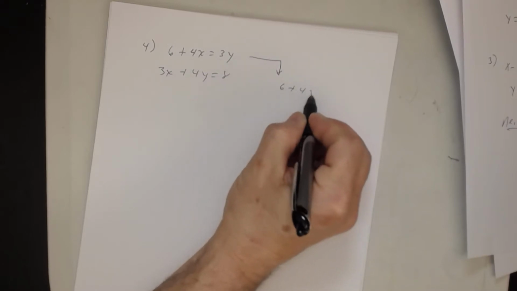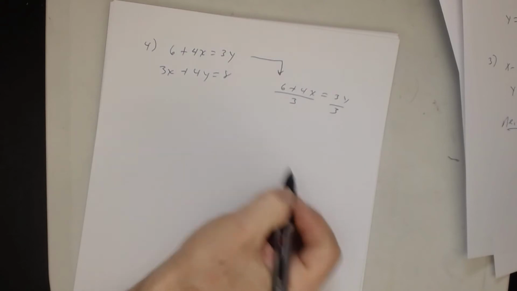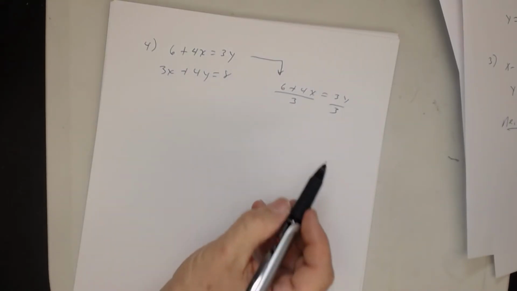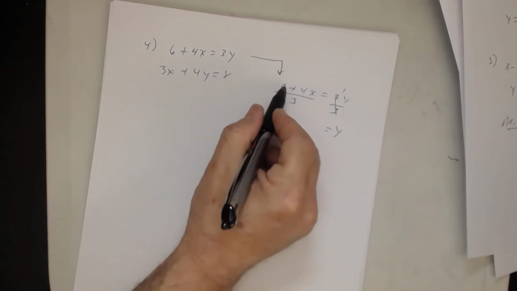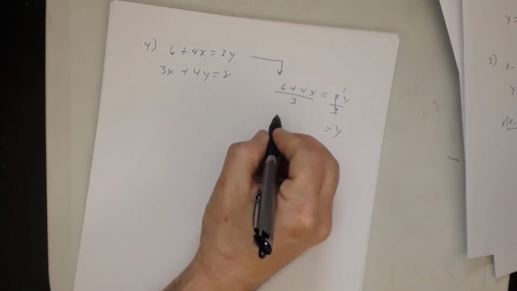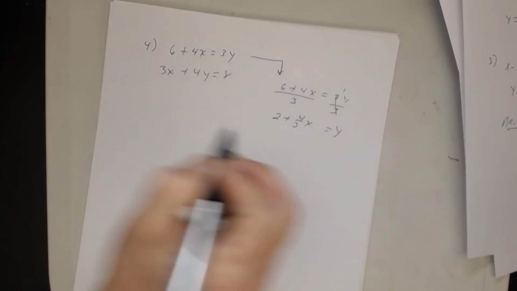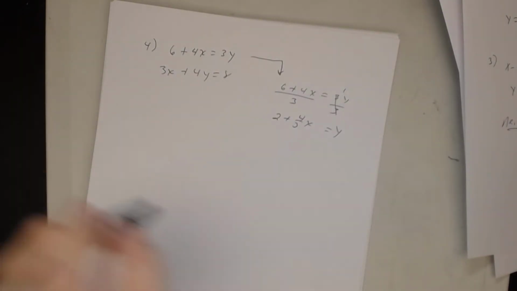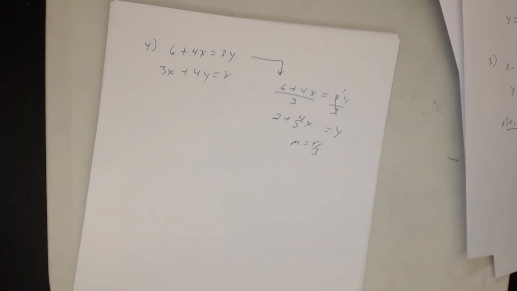Just divide by 3. That's all you got to do. So divide by 3, and then I'm going to go ahead and write in 2 fractions. So 3 divided by 3 is 1, so I get y equals 6 divided by 3 is 2 plus 4/3 x. All right. So what's the slope? 4/3. That's your slope.